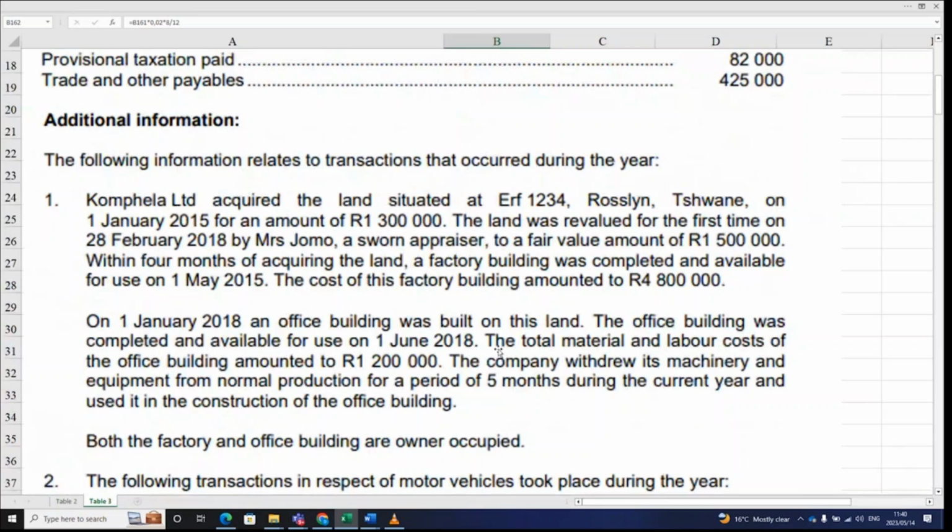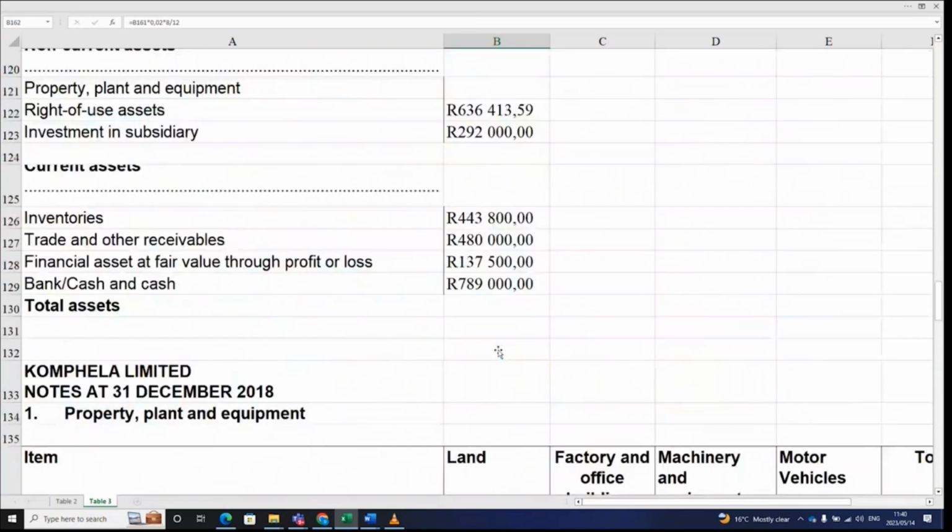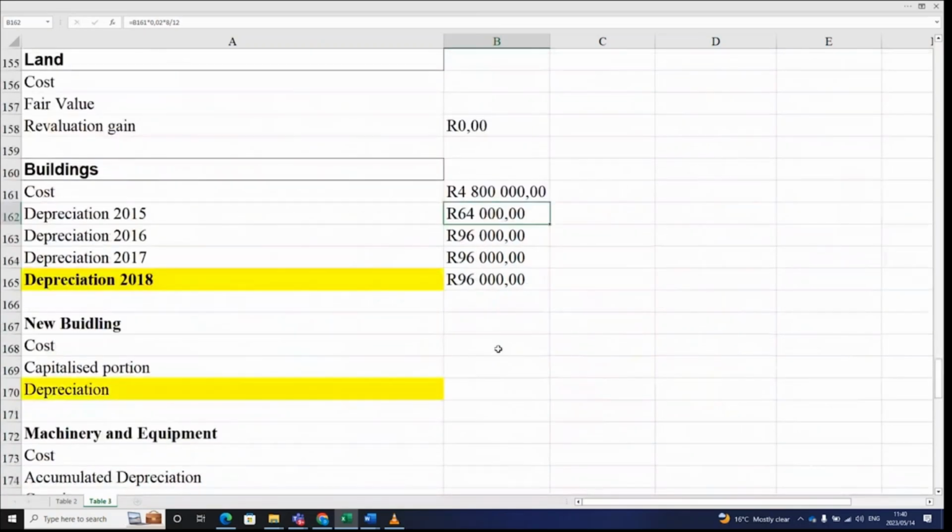So May to December 2015, the depreciation there was 64,000. Then the depreciation for 2016 took the cost multiplied by the 2% for the whole year, and the depreciation for 2017 is 96,000 as well. And for the current year, this building was not disposed of, so that comes up to 96,000 Rand.